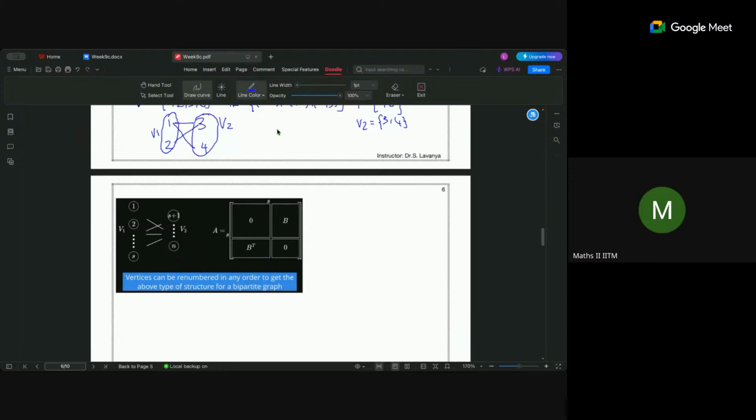So let us say you have 1, 2, 3, 4, 5, 6, and the graph is given in this way.